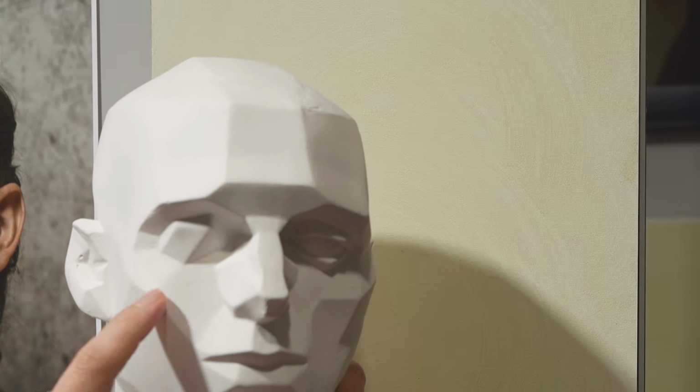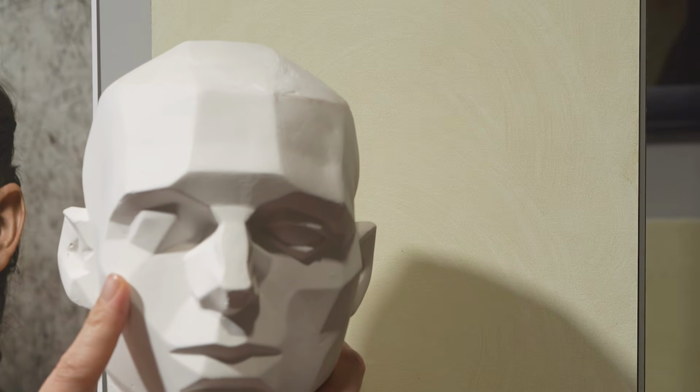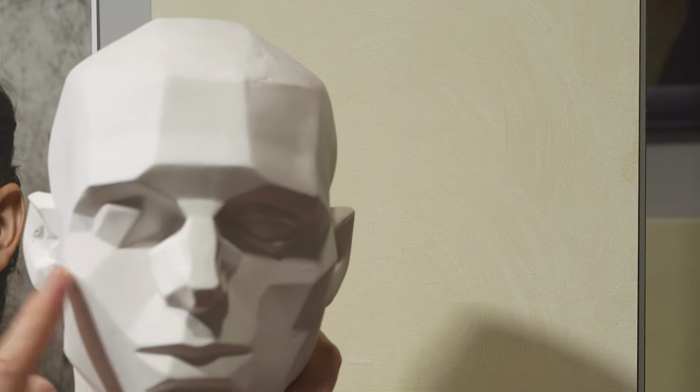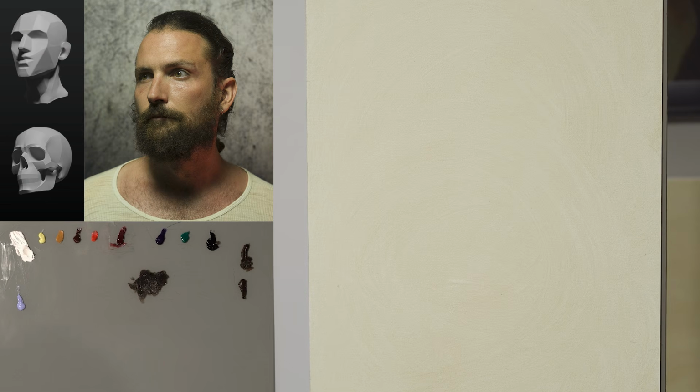And here, again, this corner corresponds to that bone structure of the skull. So we will look for such landmarks of the face, and we will use them in our construction.